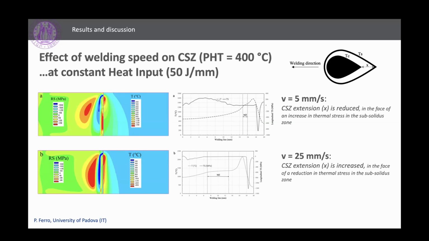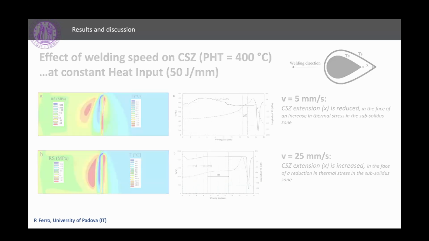So the influence of welding speed on solidification cracking is controversial, also in literature.